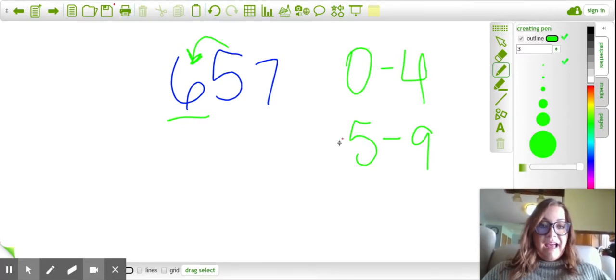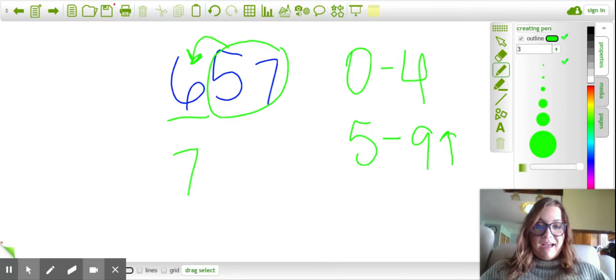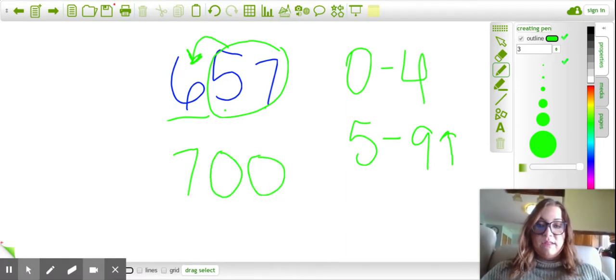So this 5 would tell the 6 to go up. So 6 is going to round up to 7, and everything to the right of the underlined digit turns into a big old fat 0. So we've got 2 digits, that means that we need 2 zeros. So 657 rounds up to the nearest hundred, 700.